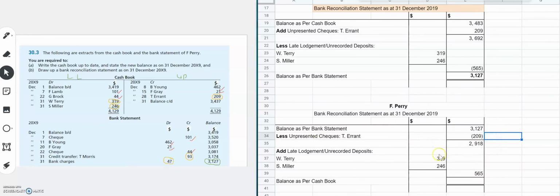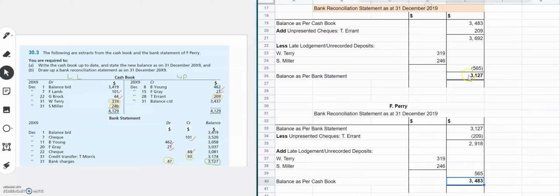So it is 565 plus 2,918. That will give us 3,483. So that is our balance as per cash book.